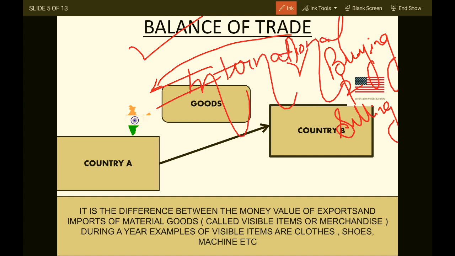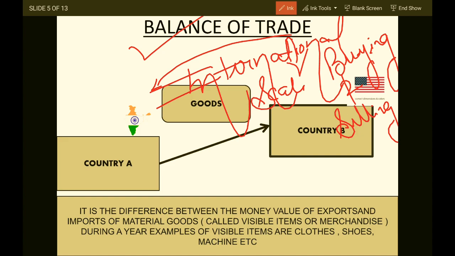We are buying or selling goods from different countries around the world, and the recording is mentioned in the balance of trade statement.